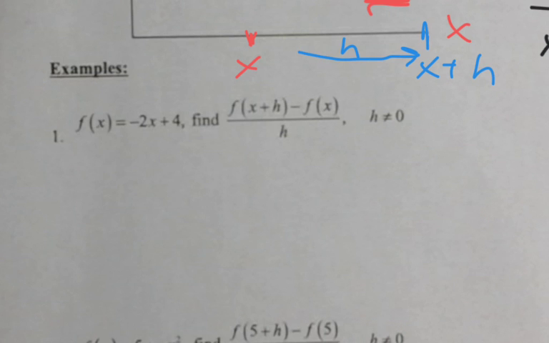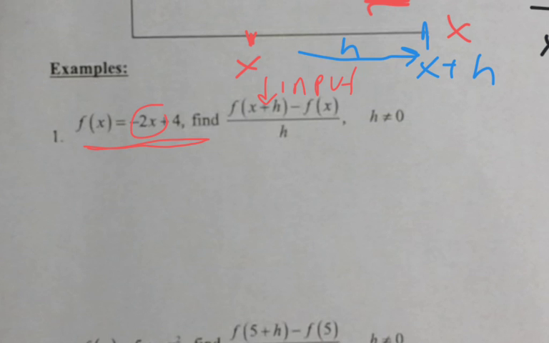Okay, so now we're going to apply the difference quotient to this problem right here. We have f of x equals negative 2x plus 4, and we need to find this formula. Remember, this is our input, so wherever we see an x, we're going to replace it with our input.